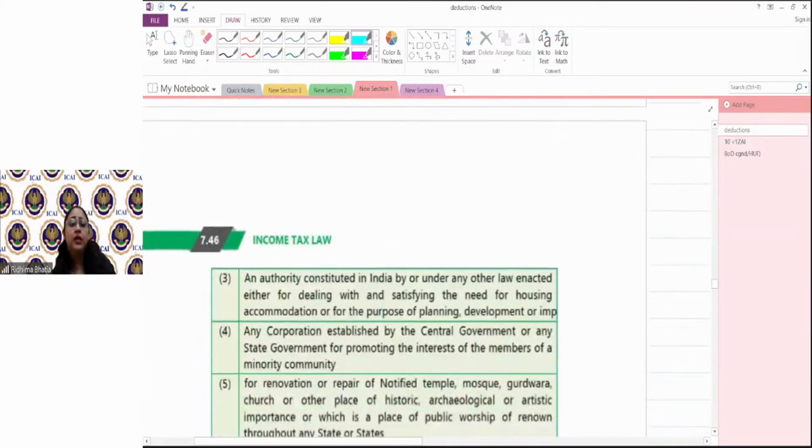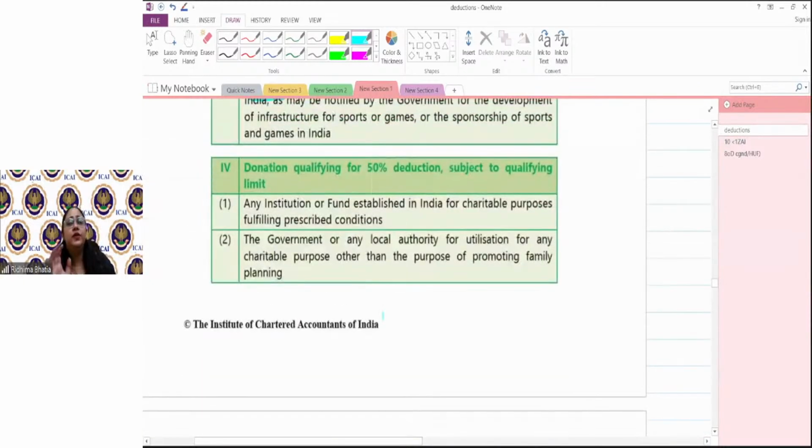Then ma'am, what is the fourth category? Fourth category is any notified residue category which can come under the fourth category. And mind you, the fourth category is the biggest category going on, in the sense there are n number of donees under this category, so you cannot list them. But yes, these donees are the ones who are legitimate donees. It does not mean that if I donate to my society I can claim the deduction. No, the donee should be either an institution or fund established for charitable purpose.